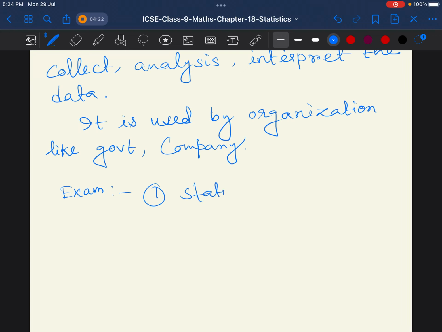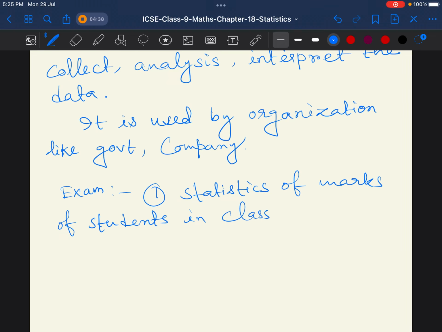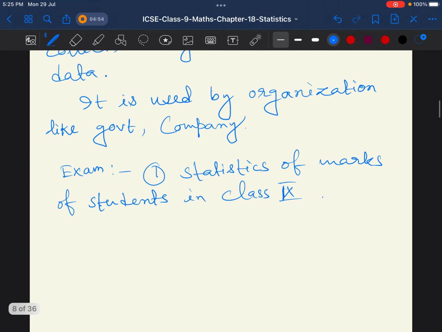statistics of marks of students in class 9. So this is the statistics.